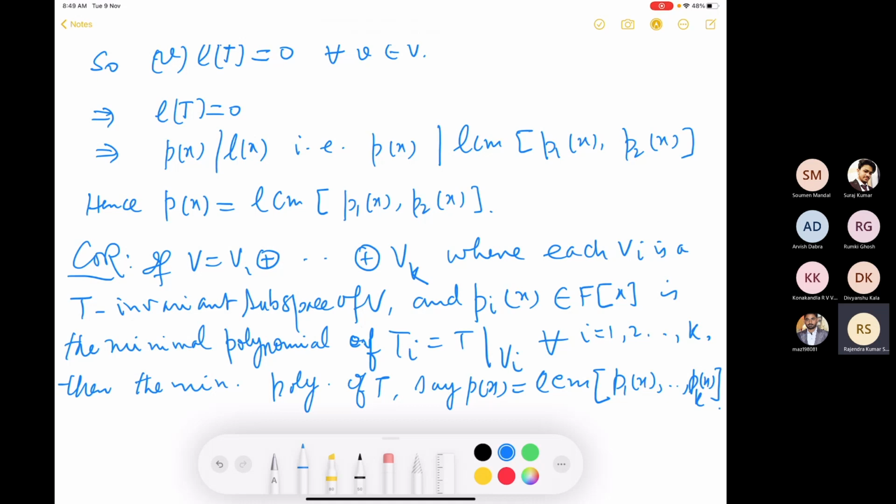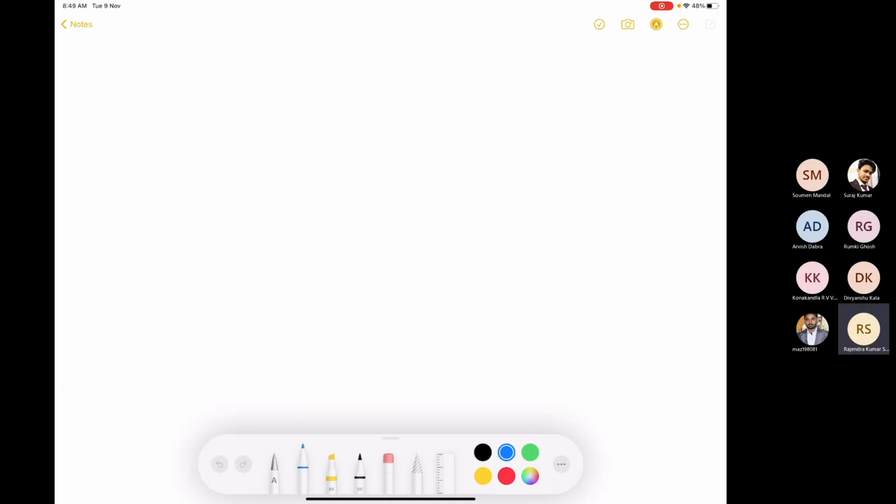Now let us do something more. Let us say P(x) is the minimal polynomial. So this is now a theorem.